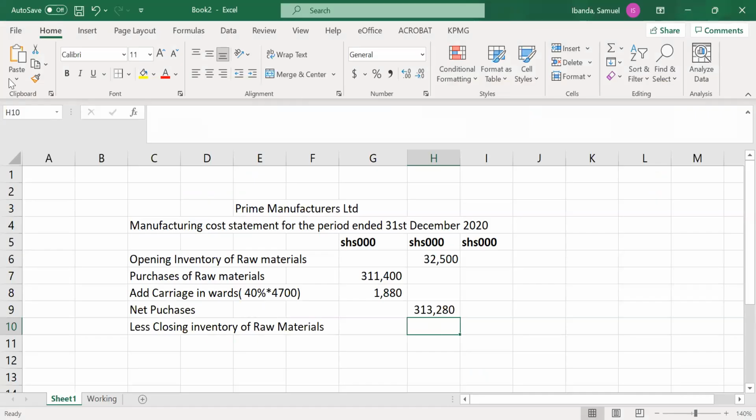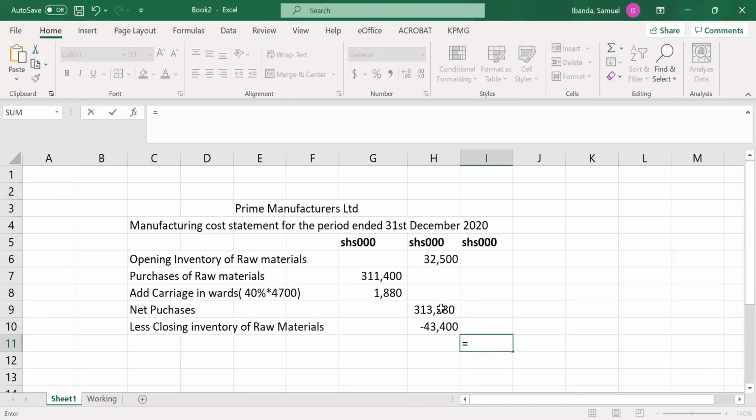So I'll less it from here. Remember, I put a negative onto it, because I'm lessing, and then I'm able to get my difference. So when I try to get the difference, since I already have a negative, I'll just click add.